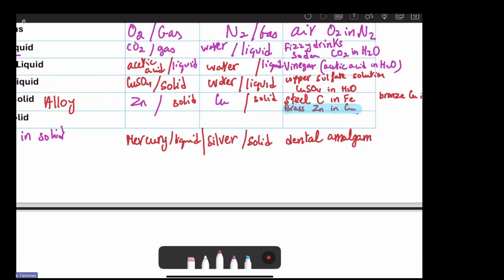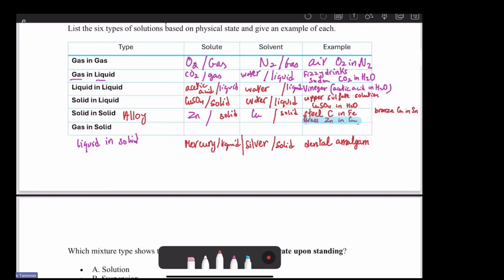Okay, now for the gas in solid, I'm going to give you a good example. Gas in solid solutions: it's hydrogen gas in palladium.